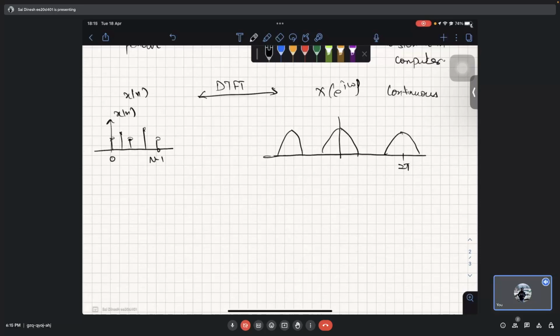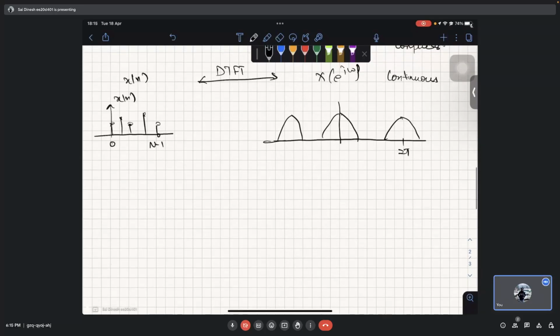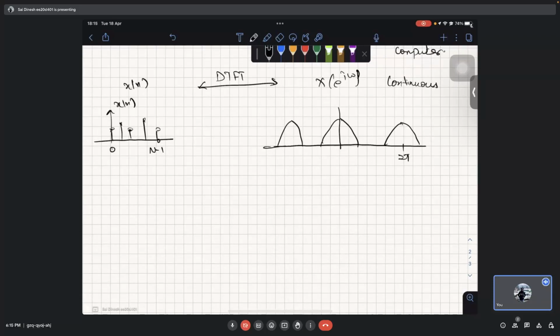Let's say this is an N length sequence which is aperiodic. Since it is finite, it is aperiodic, and this will give a continuous and periodic DTFT.